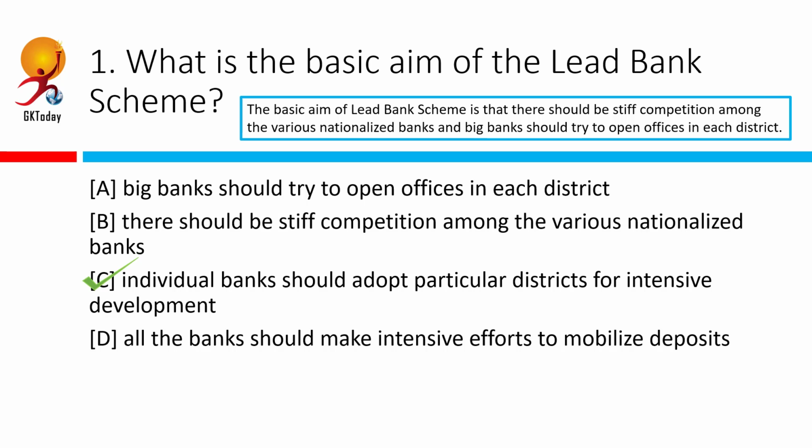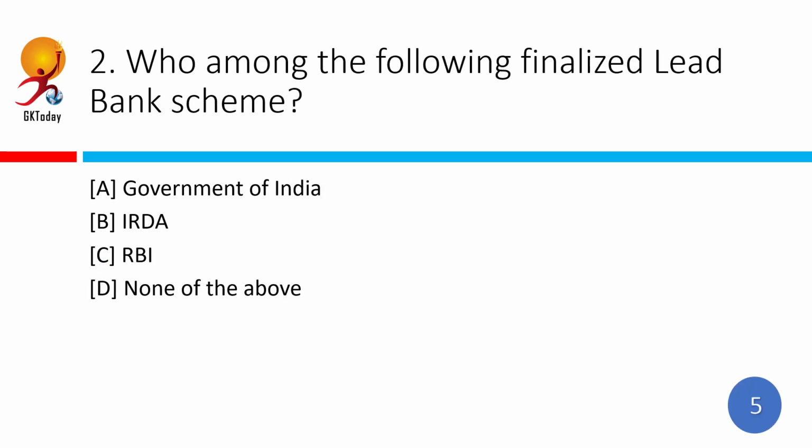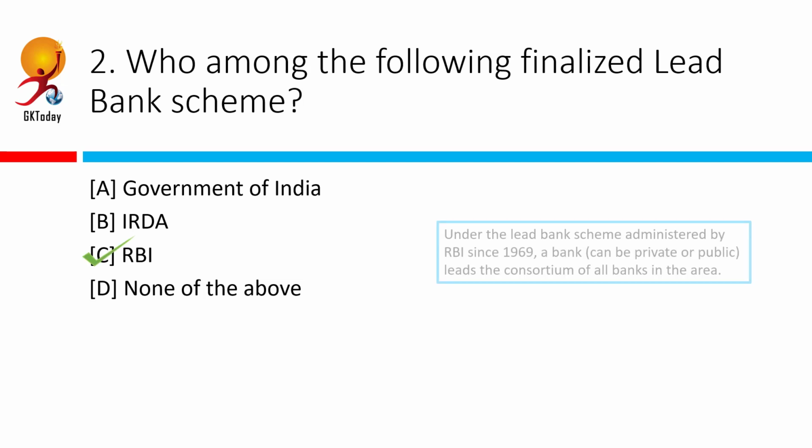sections of the society. Who among the following finalized Lead Bank Scheme? Correct answer is RBI. So the RBI actually finalized this, and under the Lead Bank Scheme, it was set up in 1969, and the idea is a bank, whether private or public, leads the consortium of all banks in that area.